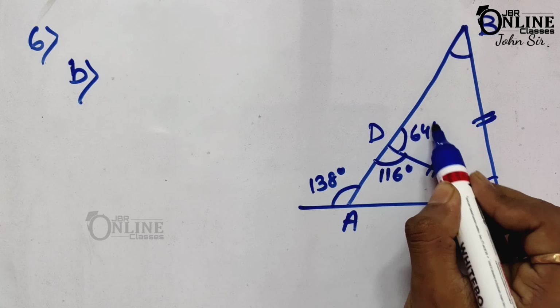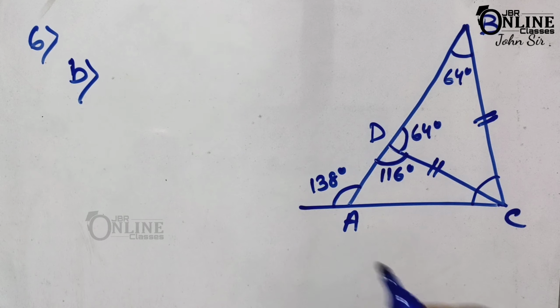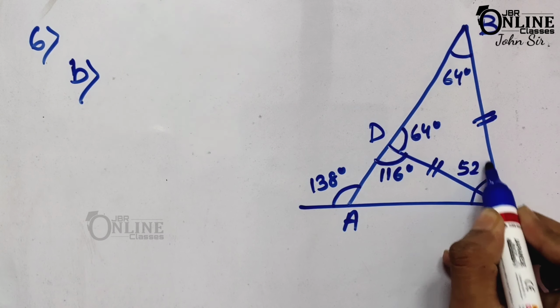Okay, so if this one equals 64, this one equals again 64. So now you can easily find out this angle, because 64 plus 64 subtracted from 180, and you will get the value of this angle. So this one equals 52 degrees.